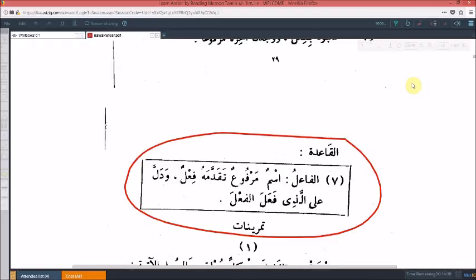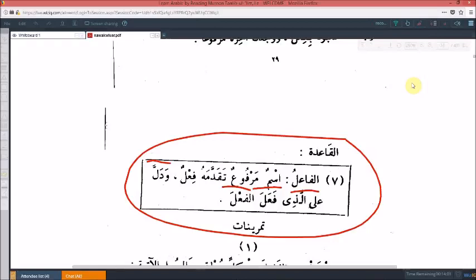It is a nominative noun. Marfu' in English means nominative, right? تقدمه فعل. A verb precedes it. وَدَلَّ عَلَى الَّذِي فَعَلَ الْفِعْلَ. And it points to the one who did the verb. Al-fa'il, the doer of the verb.